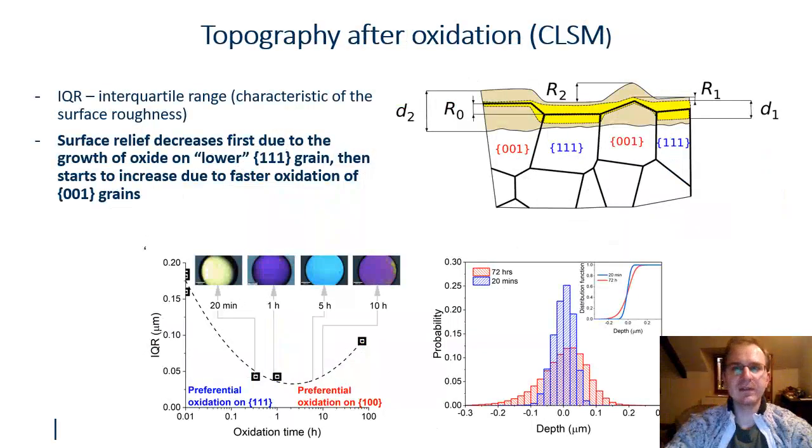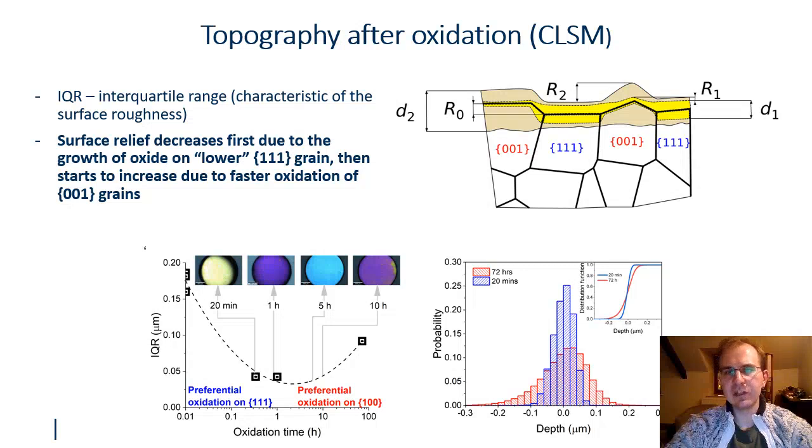We've also analyzed the topography after oxidation with CLSM, and it was shown that the interquartile range, or the IQR, which is characteristic of the surface roughness, has a non-monotonic dependence.